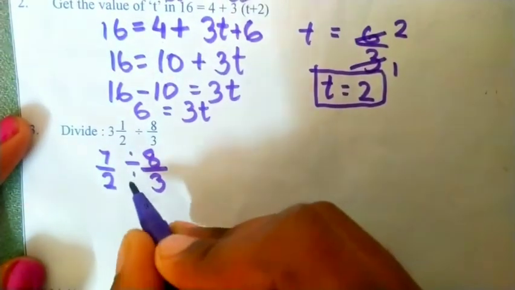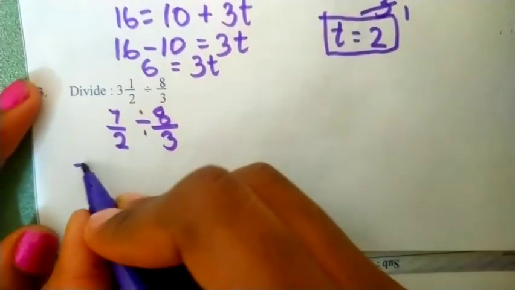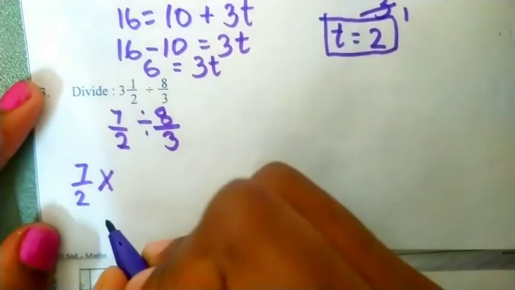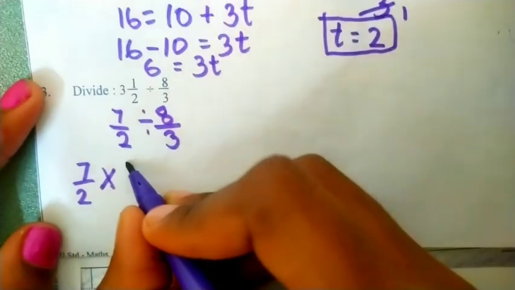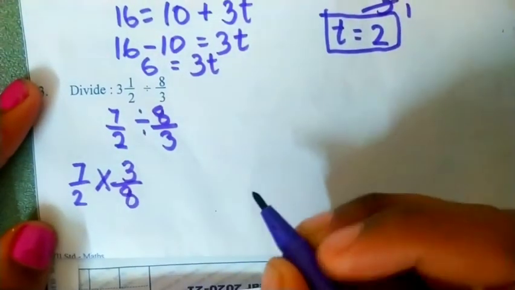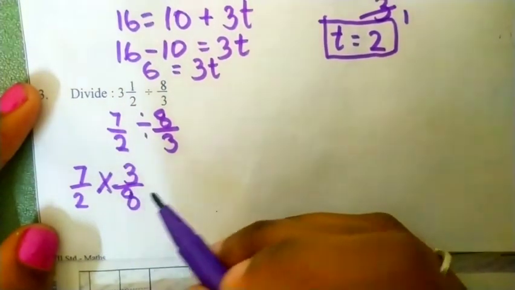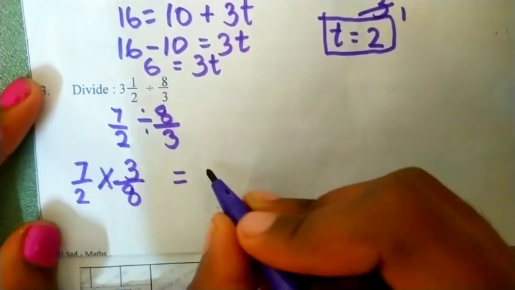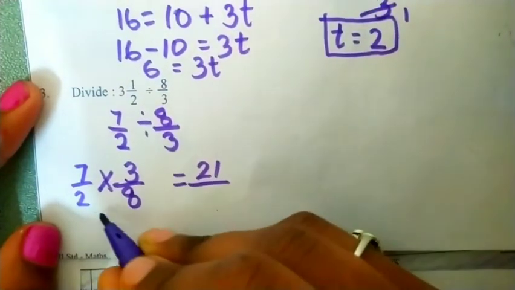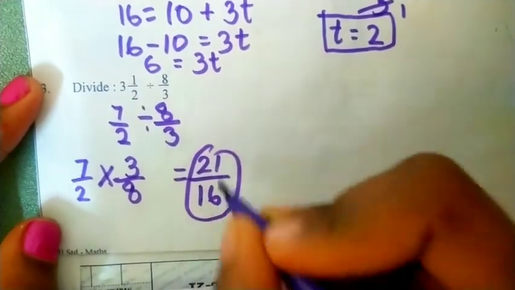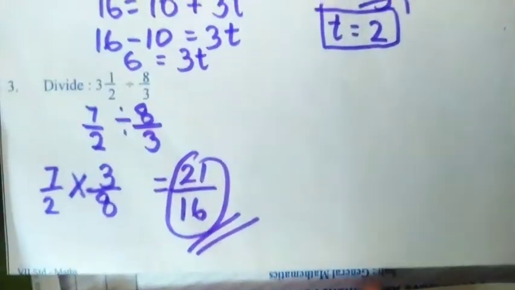Now we have to do reciprocal. When we do reciprocal, we need to put a multiplication symbol. So 8 by 3 will become 3 by 8. Now we can't cancel it. That is 7 3s are 21 by 2 8s are 16. The answer is 21 by 16.